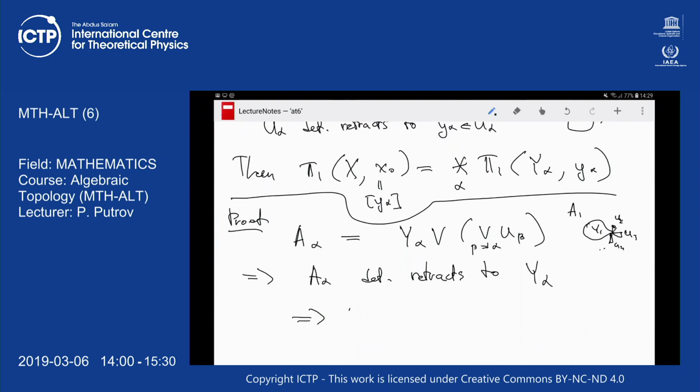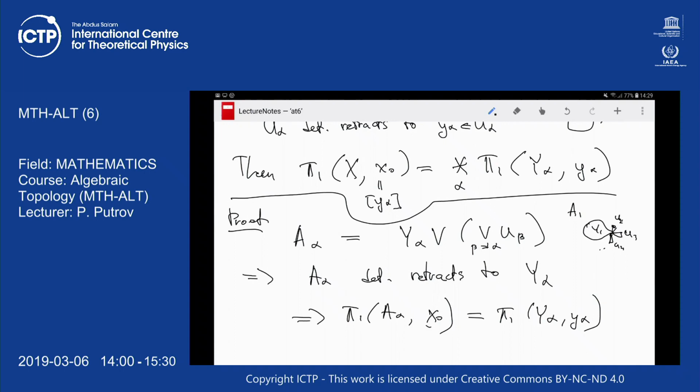And this means that pi 1 of A alpha with base point x0 is the same as pi 1 of Y alpha, right?